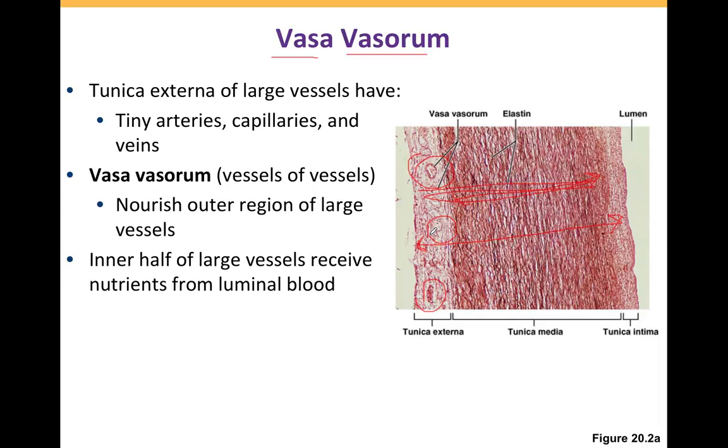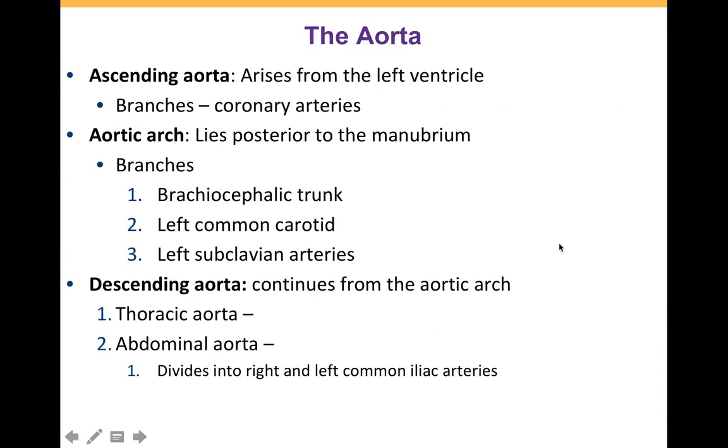So again, this is the wall of a blood vessel, and within that you embed blood vessels to make sure these cells are nurtured and receive enough oxygen. So that's what the word vasa vasorum actually means.